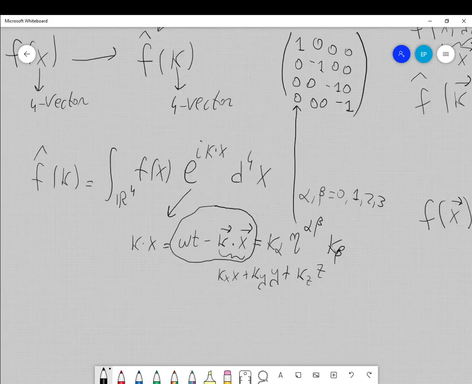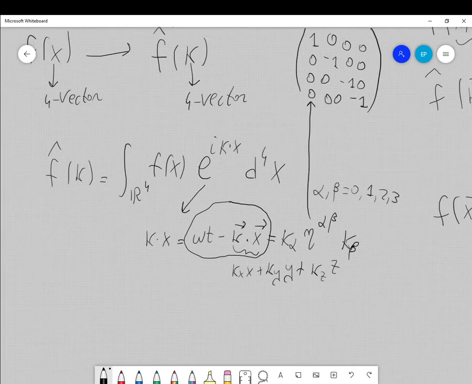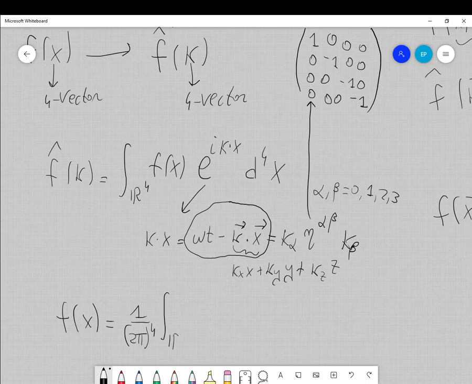Whereas here, in 4 dimensions, the inverse transform would be, as you can guess, f of x is 1 over 2 pi to the 4th power, because we transform 4 times, integrate over R4 f hat of k e to the minus i k dot x d4k.